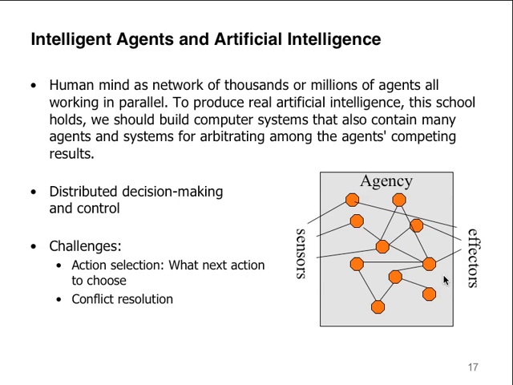But agents, in terms of intelligence in the artificial environment, are like human minds as networks, if you think of the concept, with thousands of millions of agents working in parallel. So in our human mind, we have agents. If you wanted to take the human brain and divide it out per agent, which you can't normally do with everything, and you can't normally do with a human either. I have an agent that tells me when I have to go to the bathroom.